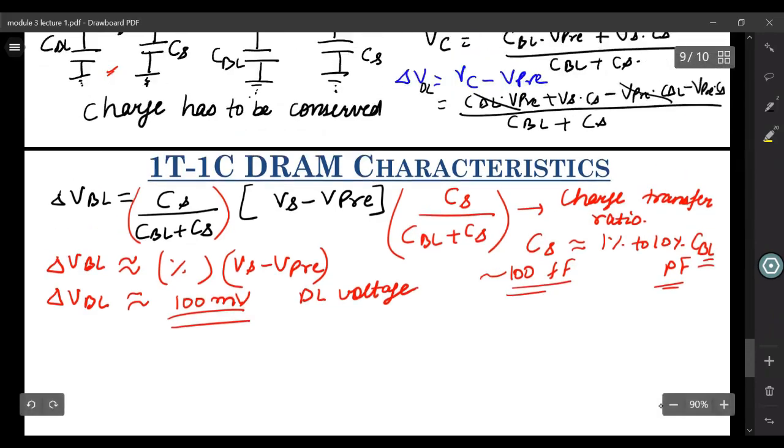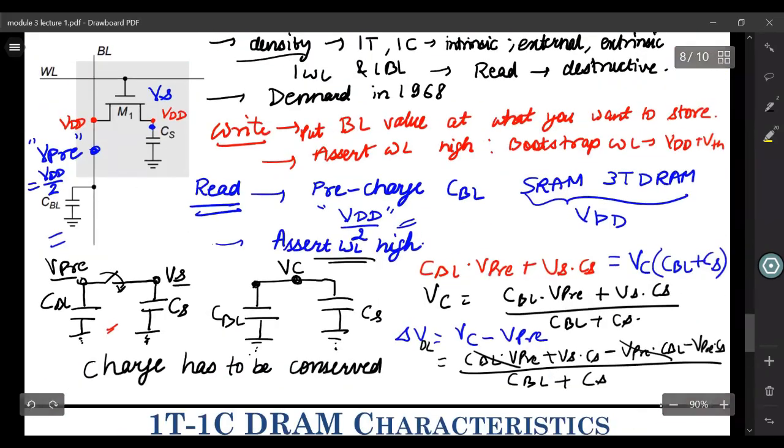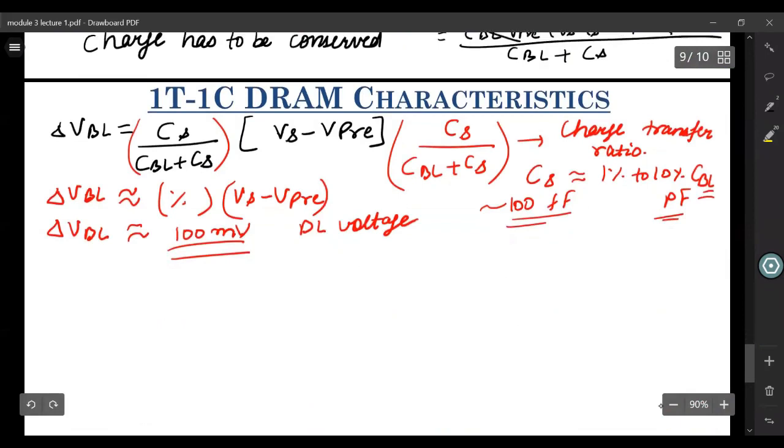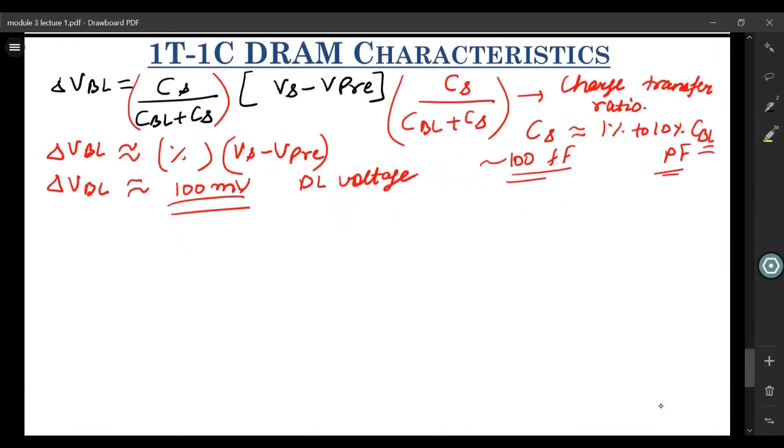So here your bit line voltage settles at a value. It cannot be changed further because of this charge sharing, and the voltage reduction there is only 100 millivolts. So if it were VDD by 2 earlier, now it will be VDD by 2 minus this 100 millivolts.